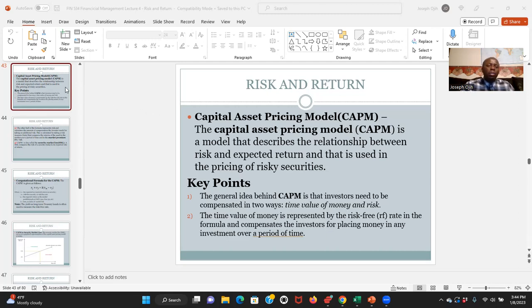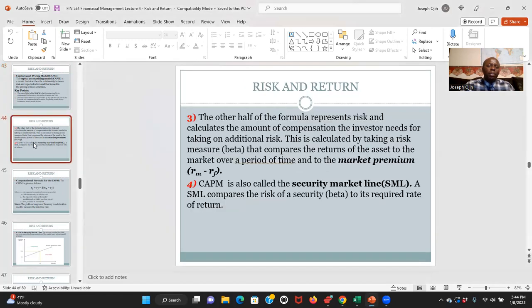Another thing we need to know about this model is that the formula has two halves. The other half of it represents what is called risk. And what does it do? Well, it mainly calculates the amount of compensation that the investor needs for taking any additional risk.